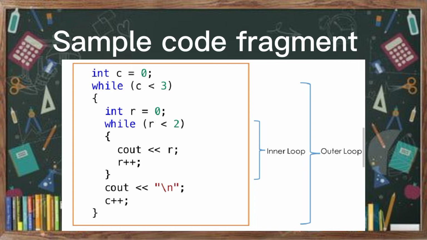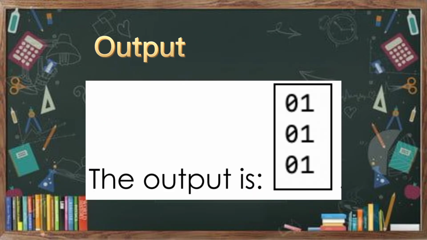It then goes to the next statement, just after the inner loop, where it prints a new line, and then increments the value of c. The value of c now becomes 1. The same process will follow until the condition in the outer loop gets false. The output is 0, 1, 0, 1, 0, 1.